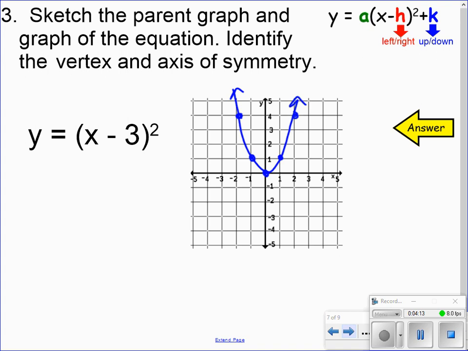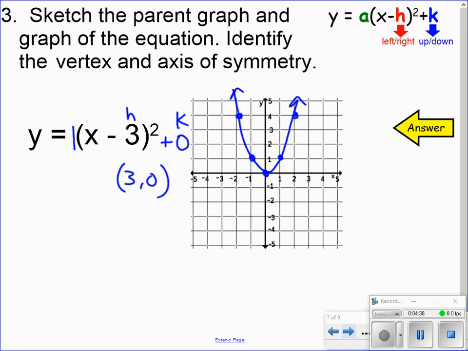I could do a couple things here. I could change it to standard form and graph it that way. I could remember that this is technically in vertex form, right, where h is 3, remember we don't include the minus sign, k is 0, and graph it that way.